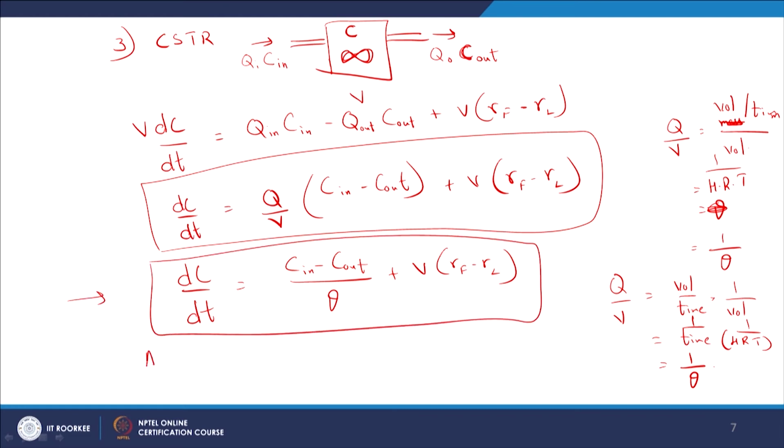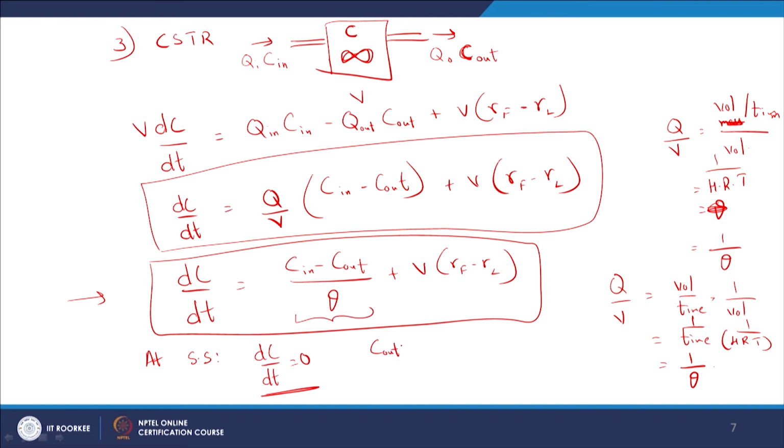Obviously at steady state, how is that going to transform? We are going to see that dC by dt is equal to 0. Steady state means there is no change in any variable with respect to time, right. Let us see what that transforms into when I take this term to the left hand side.